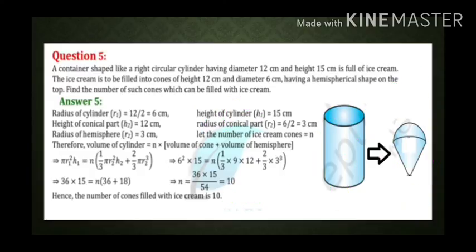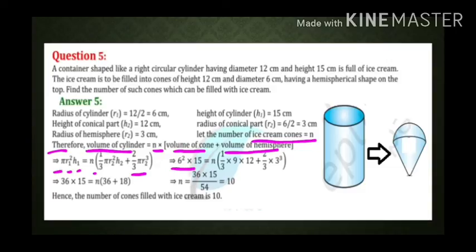So look at the solution. Radius of cylinder, height of conical part, radius of hemisphere, all these things are given here as R1, R2, H1, H2. Okay. Now let the number of ice cream cones be n. Therefore, the volume of cylinder is equal to n into the volume of cone plus the volume of hemisphere. That is pi R1 square H1 is equal to n into 1 by 3 pi R2 square H2 plus 2 by 3 pi R3 cube.